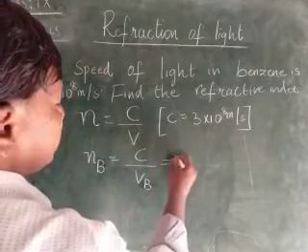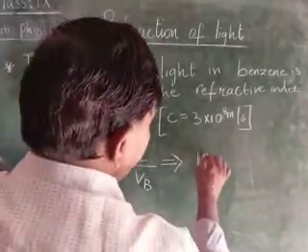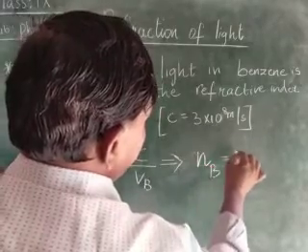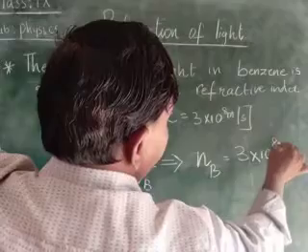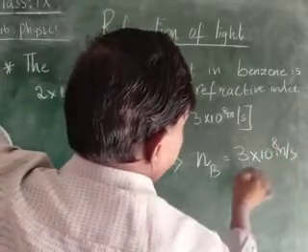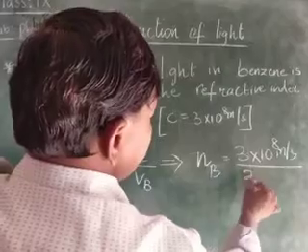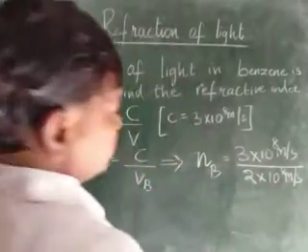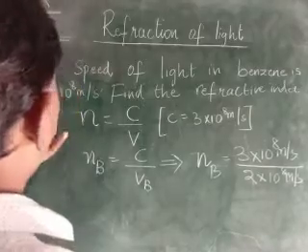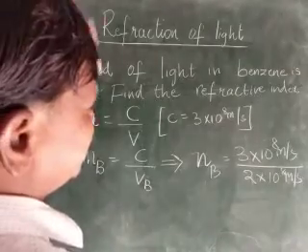We don't know the refractive index of benzene, but we know the value of C, that is 3 into 10 to the power of 8 meter per second, and 2 into 10 to the power of 8 meter per second is the speed of light in benzene.